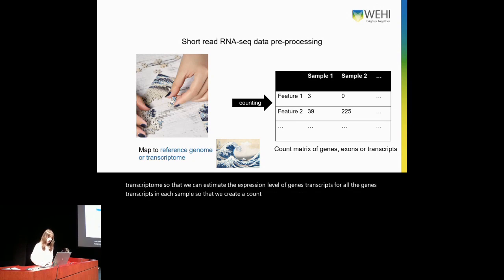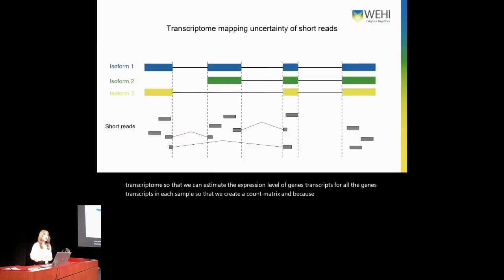Because the reads from short-read sequencing have a limited read length, and some genes have alternative splicing, which means one gene can produce multiple transcripts with some parts overlapping, short reads usually just overlap the exons and may be mapped to multiple transcripts because of their overlapping parts.